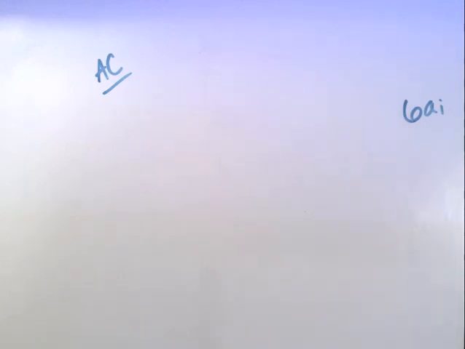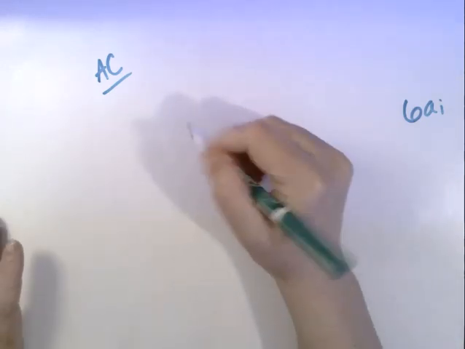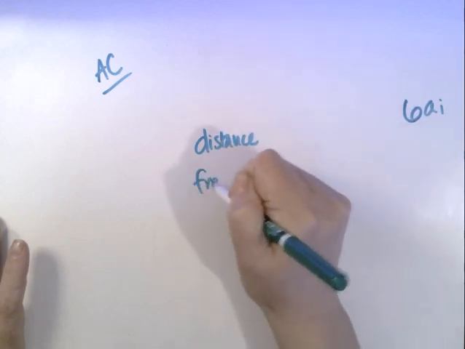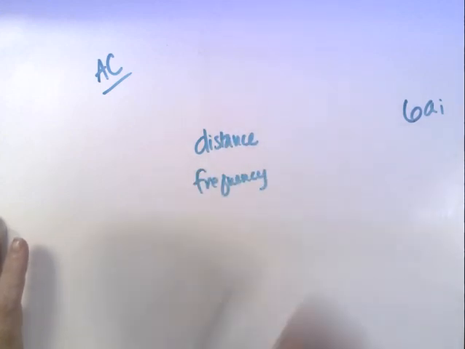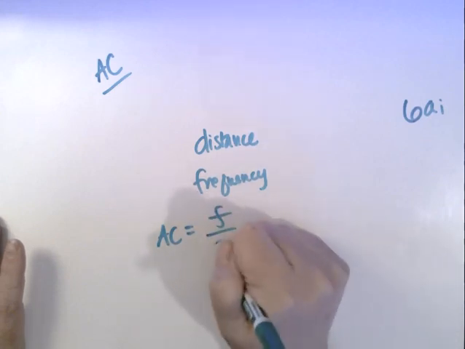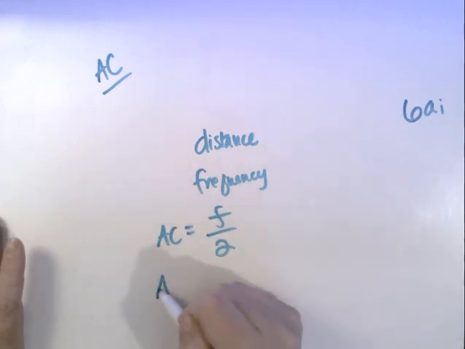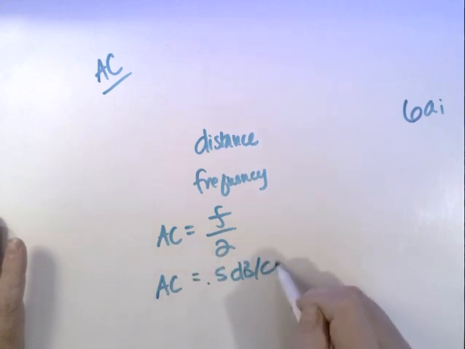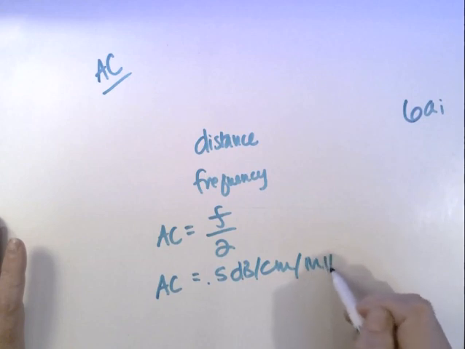Part 1 then says, what factors influence the attenuation coefficient in ultrasound imaging, and how does it affect the quality of the ultrasound image? Basically we just talked about it. The attenuation coefficient is going to be related to distance traveled and has a lot to do with the frequency. We see that there are a couple of formulas that go with attenuation coefficient. The first one being that attenuation coefficient equals the frequency divided by 2. And then we also have that the attenuation coefficient equals 0.5 decibels per centimeter per megahertz.